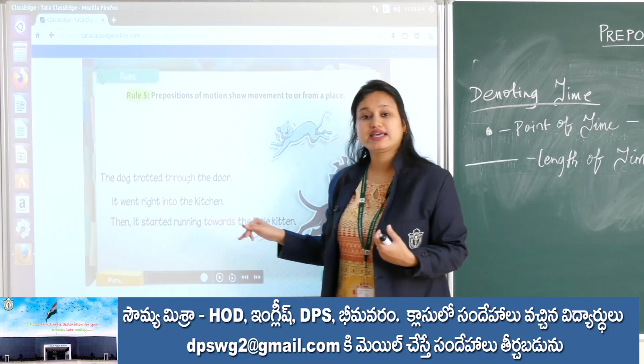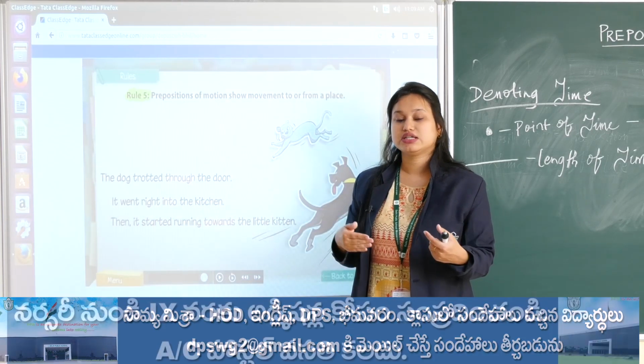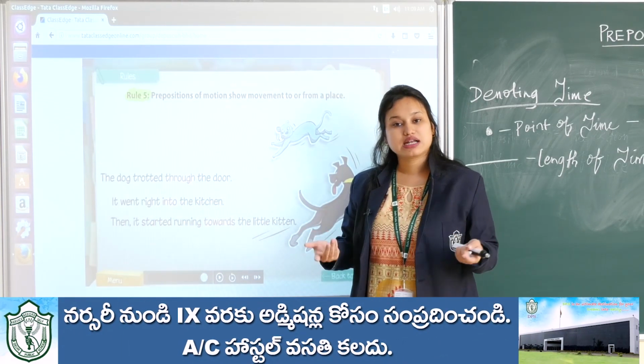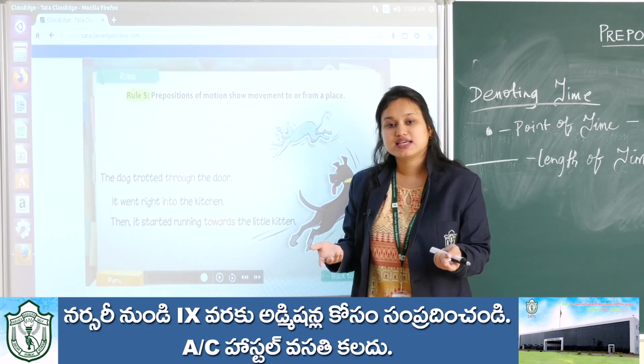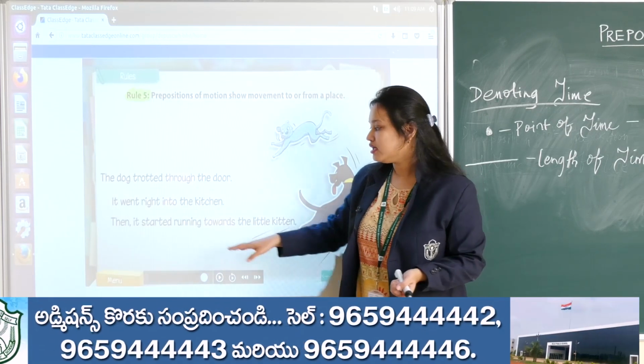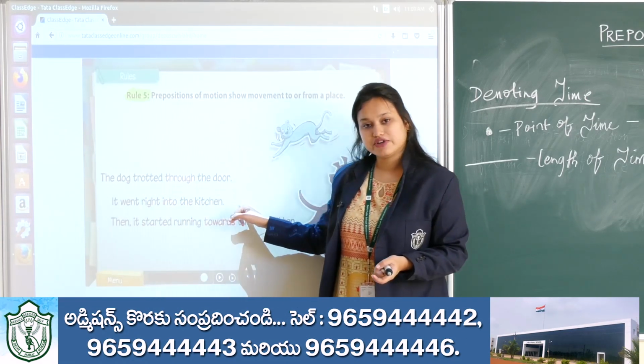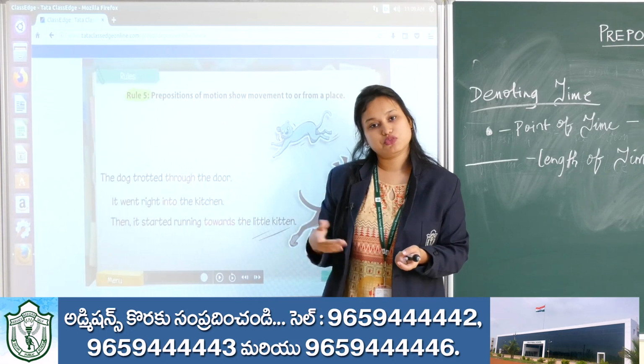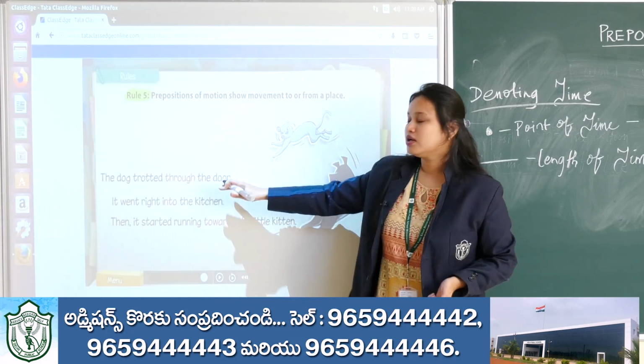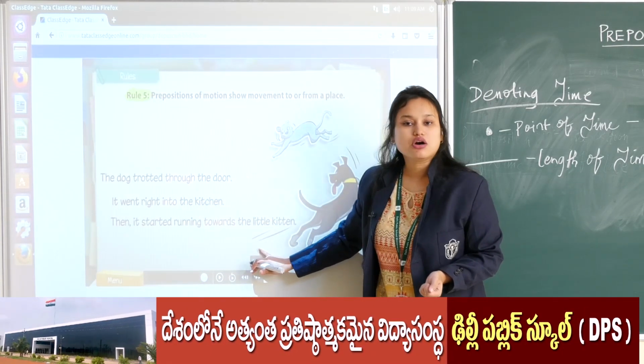It went into the kitchen, I went into the kitchen, or he went into the classroom. I was running, I was chasing him, but he went into the classroom, okay? So into, again movement is there. The dog trotted through the window, movement is there. So these are all prepositions of motion or movement.